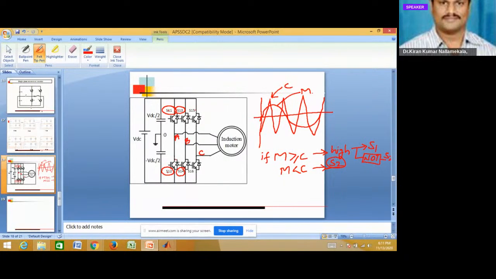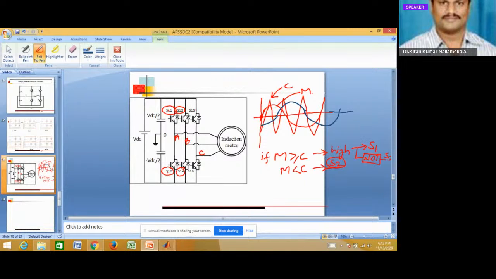For the B phase switches, we take the carrier signal as it is, and we delay the modulating signal by 120 degrees. We'll start the waveform here. This is the B phase waveform.